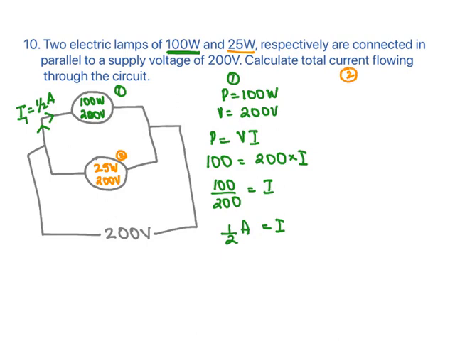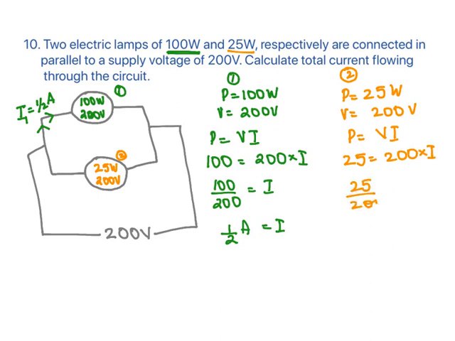Now for the second branch, or the second bulb, we have power 25 watt, voltage 200 volt. So power equals V into I, 25 equals 200 into I, so 25 over 200 equals I. So 1 by 4 amperes is the current I2.